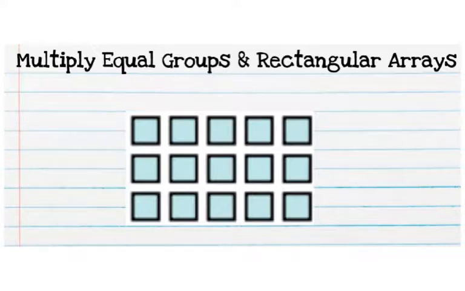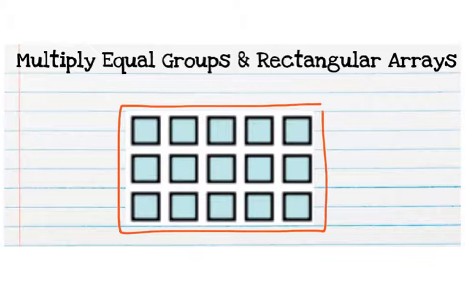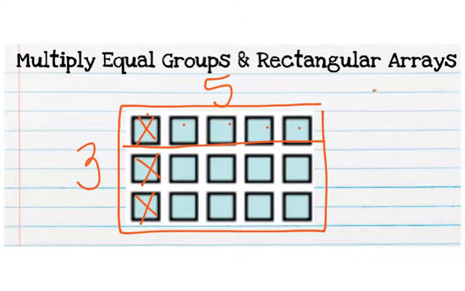So I'm going to draw my rectangle here. And I can see that inside my rectangle at the top, I have 1, 2, 3, 4, 5 is my width, and 1, 2, 3 for my length. And to find out how many are in the middle, I can think of it as 5 times 3.